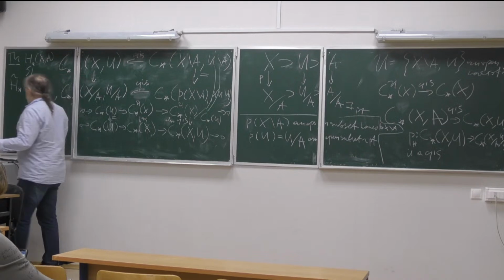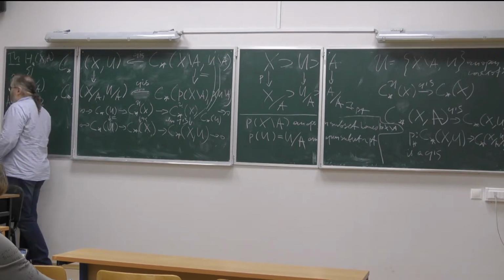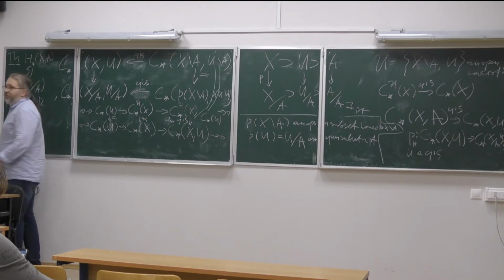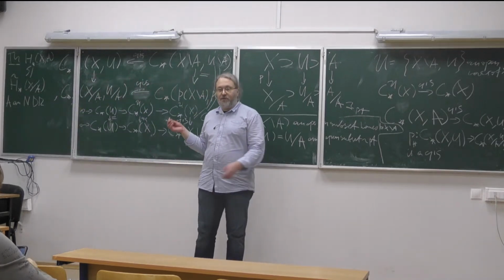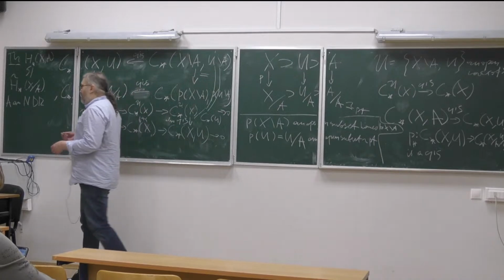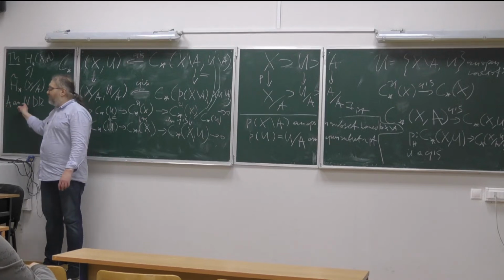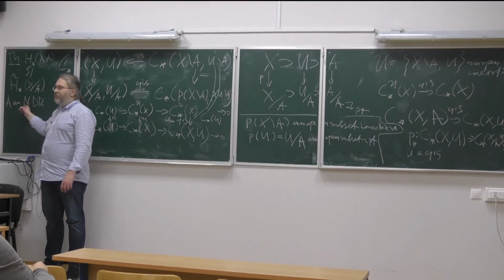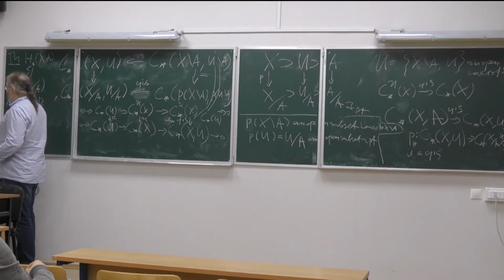And this is true if A is a neighborhood deformation retract, meaning a closed subset such that there is a neighborhood which deformation retracts onto A. And maybe we don't need all of these assumptions here.